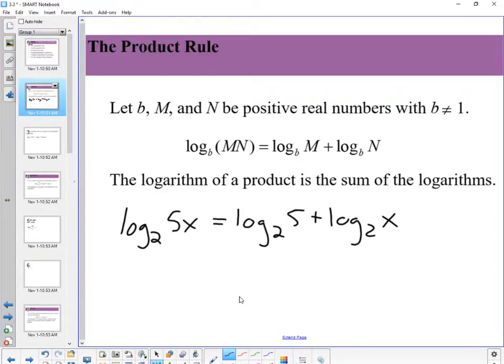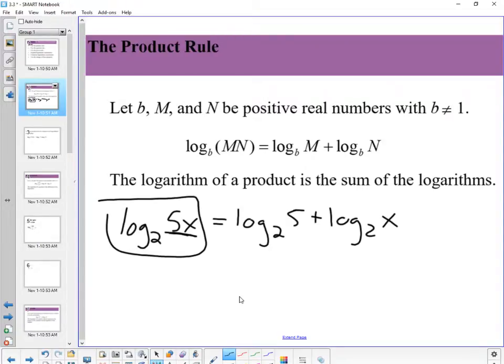Why, if you're adding them, how come it's not 5 times x? Well, they are being multiplied. Here, you see the 5 times x? The product rule for logarithms says this is equivalent to taking the sum of this and that.